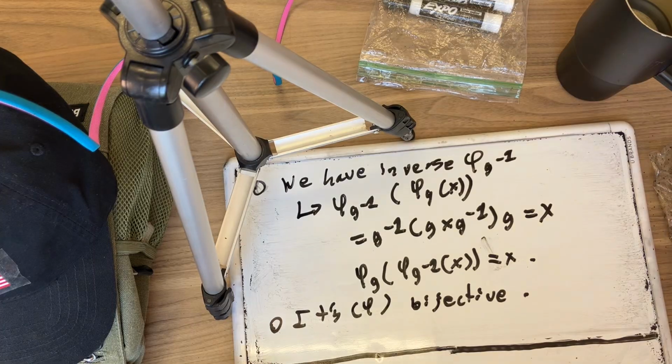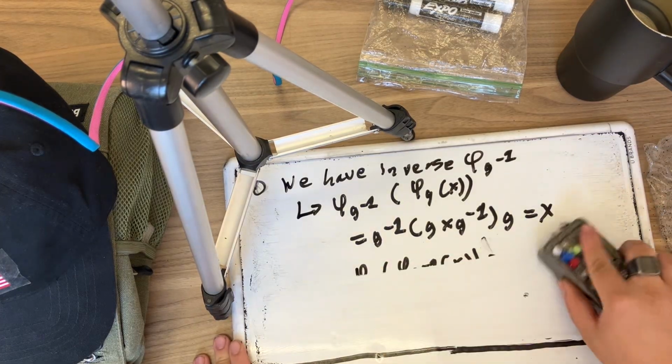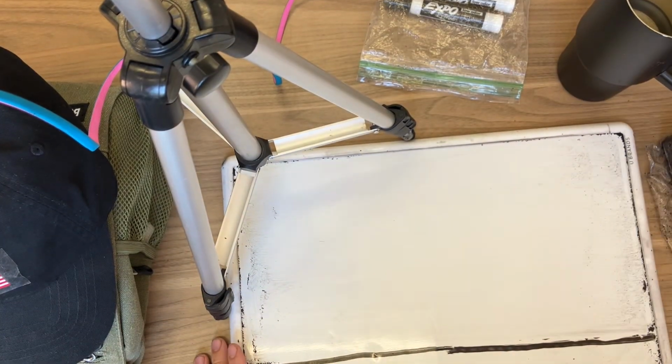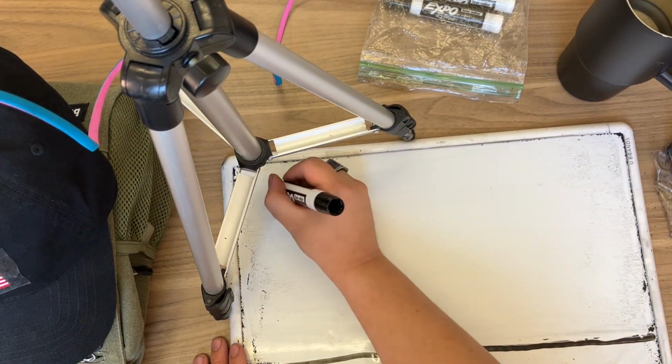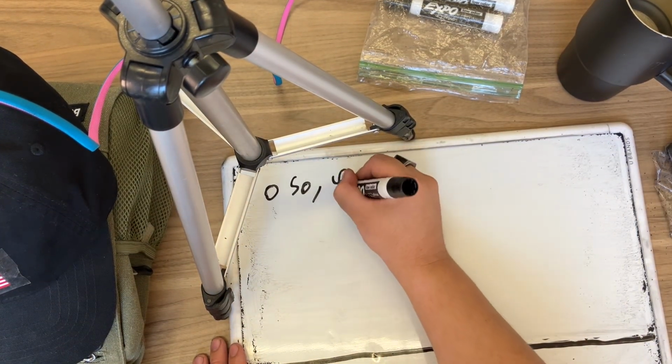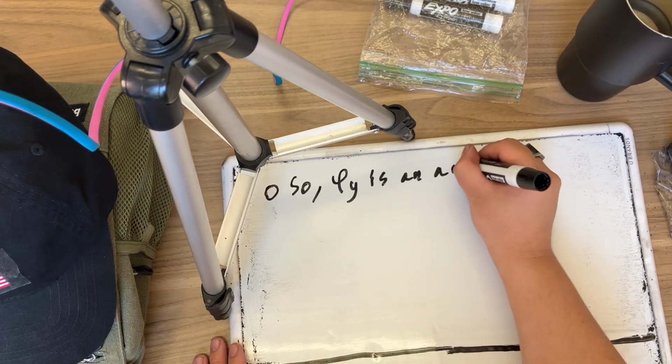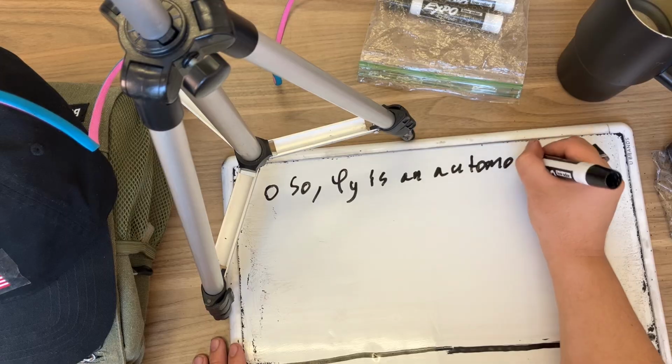So, knowing that this is in fact a map from big G to big G, we can say, okay, so phi sub g is an automorphism, in this case an inner automorphism.